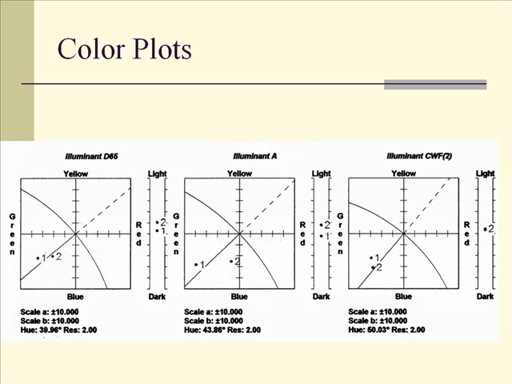The number 1 with a dot is sample number 1, trial number 1. The 2 is trial number 2. And you can see where they fall on our plots. The center point on all of these plots is our standard, and then the 1 and the 2 are our samples. So in all cases, our two samples are greener and bluer than our standard.